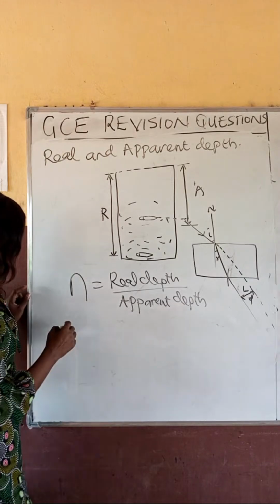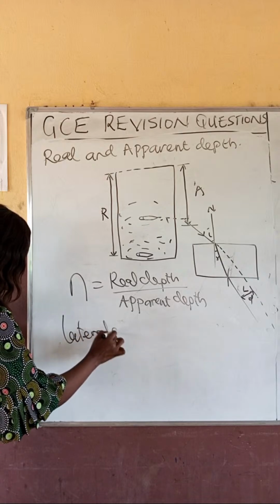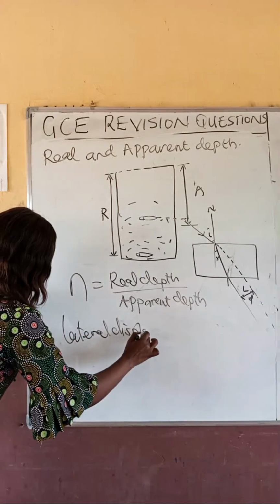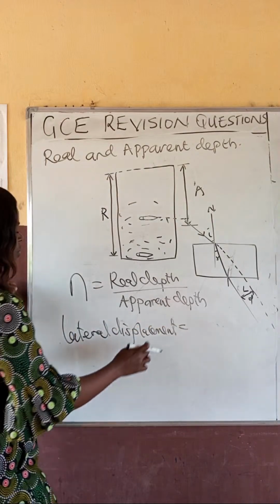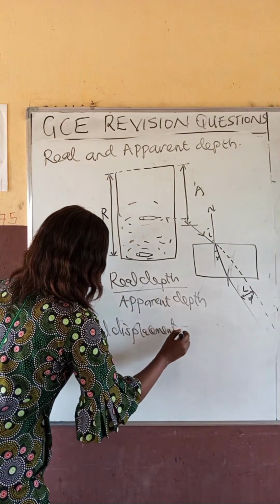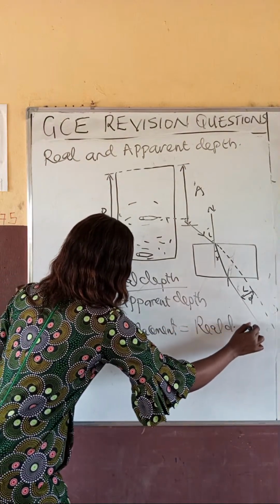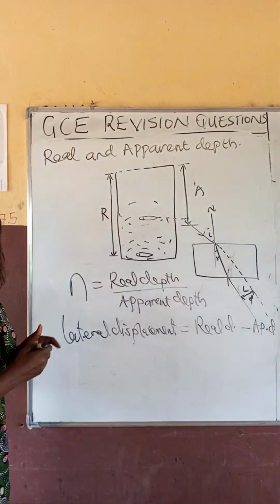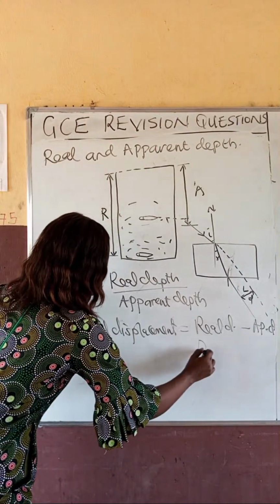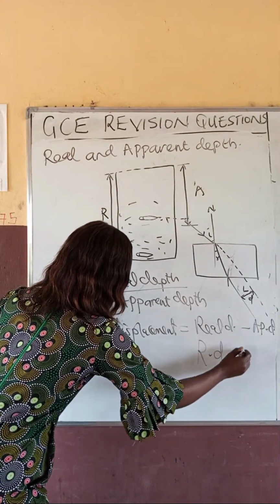Now, I will say the lateral displacement is equal to real depth minus apparent depth. Real depth minus apparent depth.